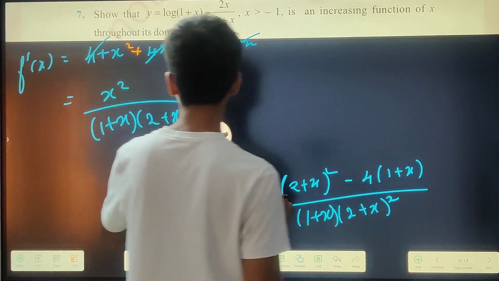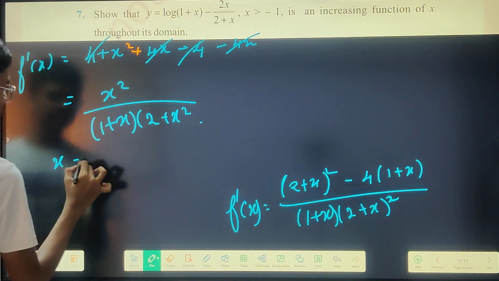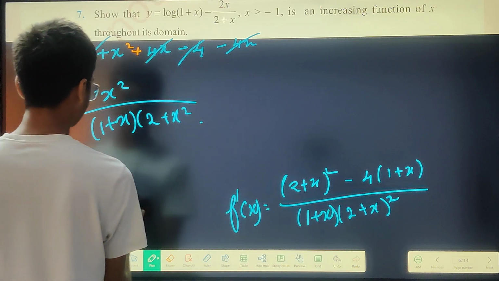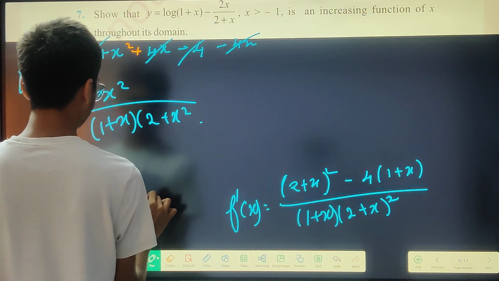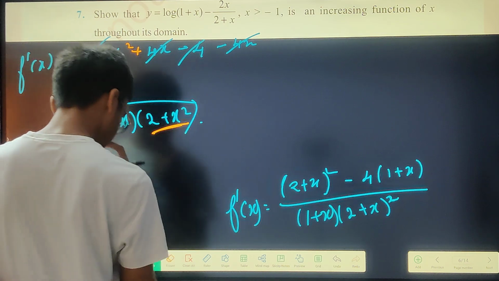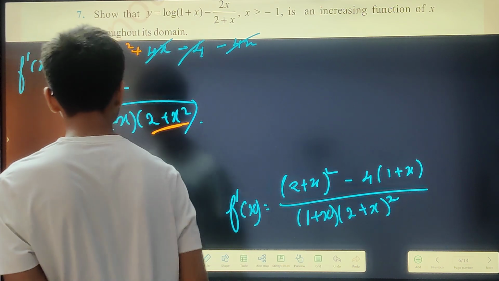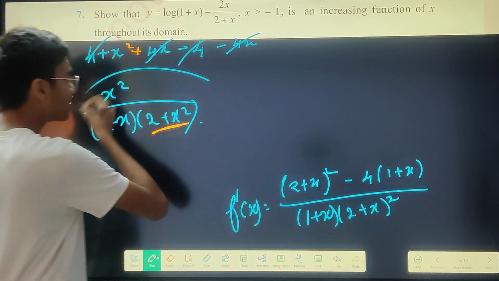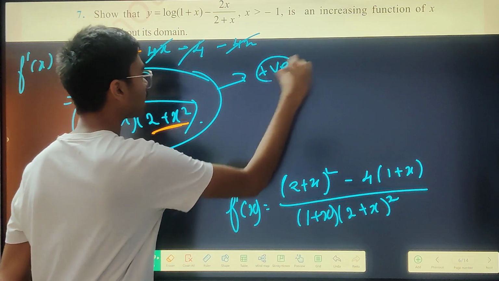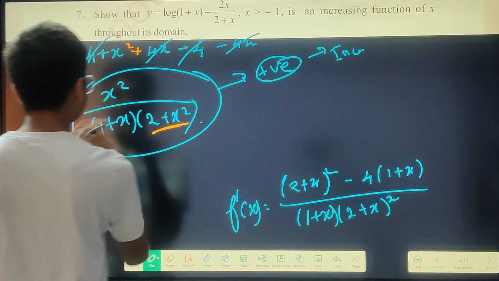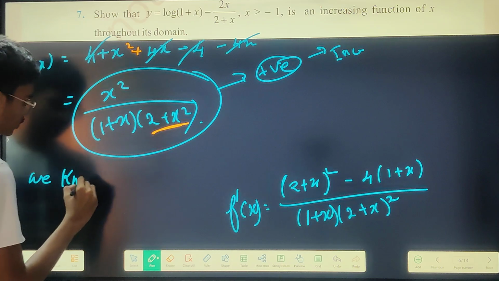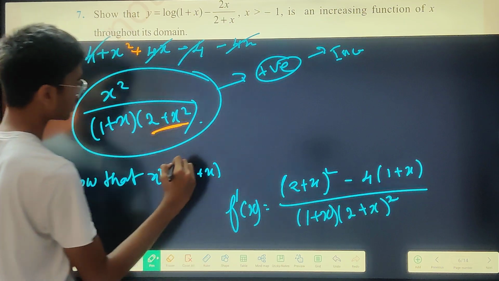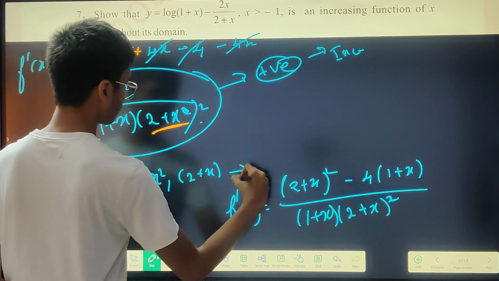Now you will have to equate it to 0. So that means x is equal to 0, then x should not be equal to 1, minus 1. This thing and this thing you need not care. If this entire thing is positive, then that means it is increasing. We know that x square, 2 plus x the whole square is always positive.